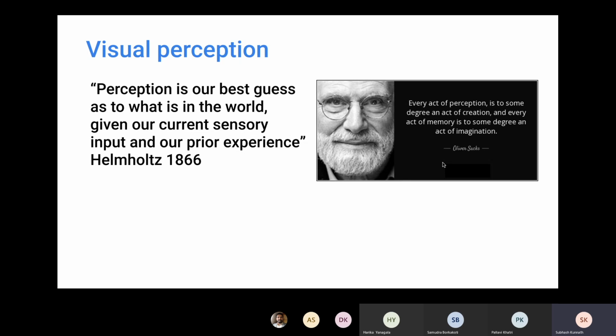So he pinpoints the importance of prior experience, or the training part, which is required for proper visual system development. And Oliver Sacks was a well-known neuroscientist, and he says every act of perception is to some degree an act of creation, and every act of memory is to some degree an act of imagination.